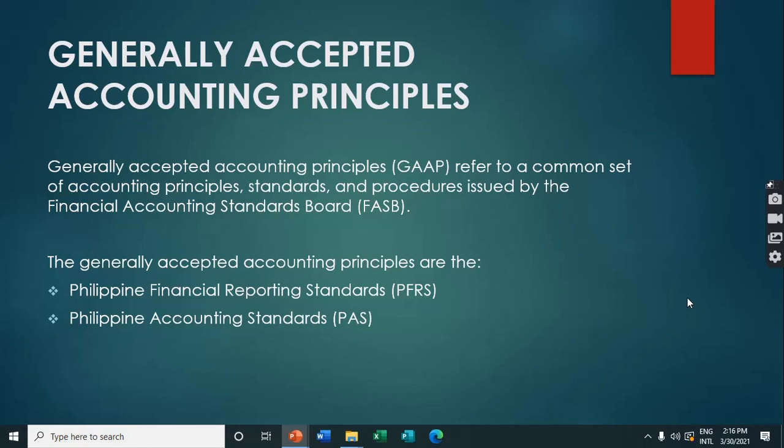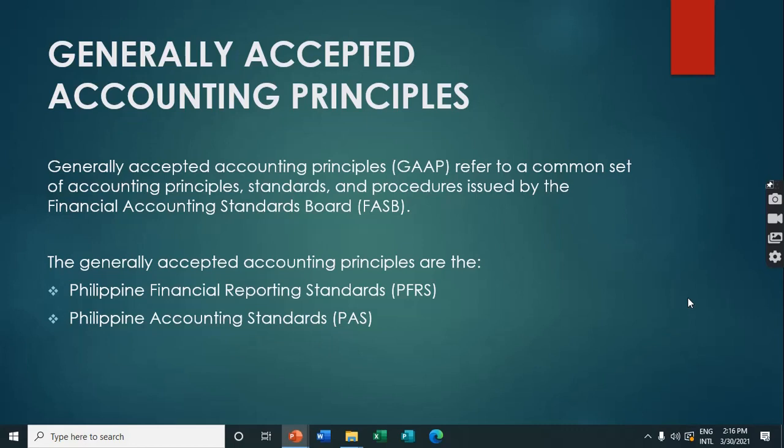So ganun yung principles and concepts dun sa PFRS and PAS. So, kapag ganito naman yung nangyari, ganito mo siya ipapakita. So, ganito yung mga information na kailangan ilagay mo sa financial report or sa FS, financial statement.